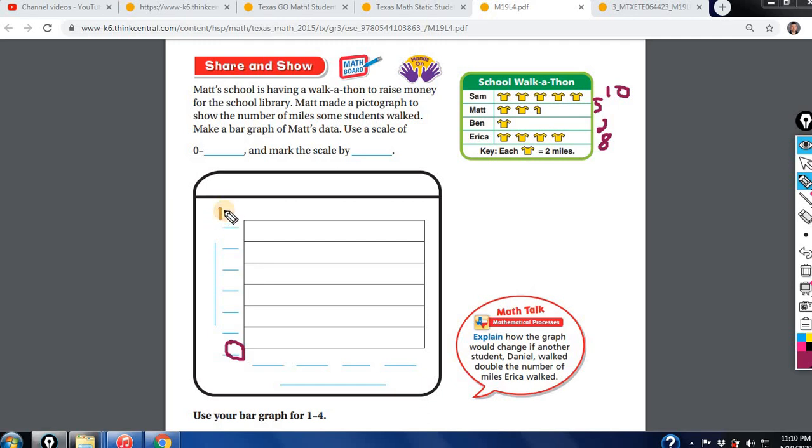We go to 12, right? So we got 2, 4, 6, 8, 10. Okay, what is this number? Well, the miles walked. And the names of the students. And then plot your bar graph. Well, we got one already done for you.